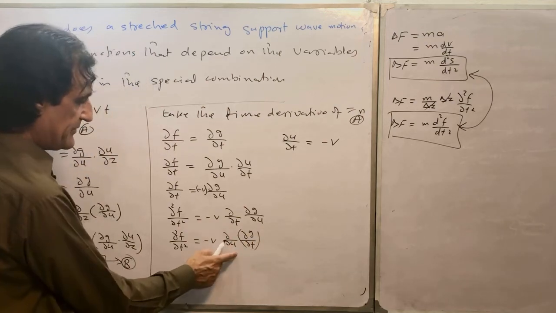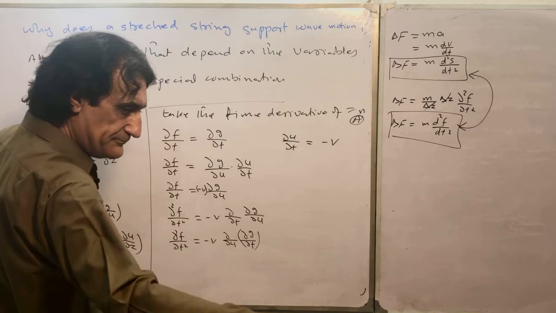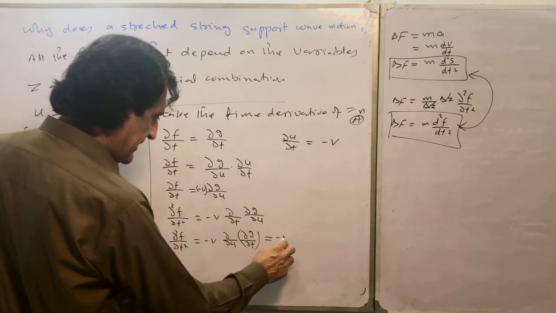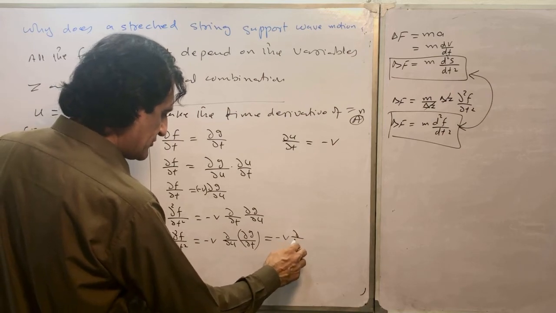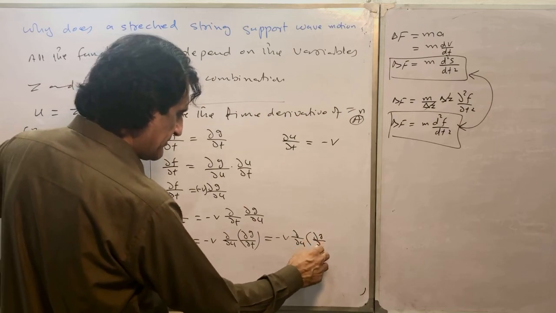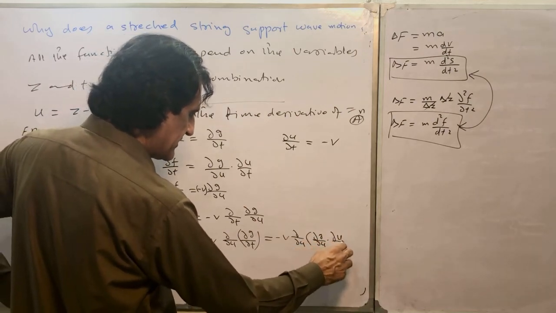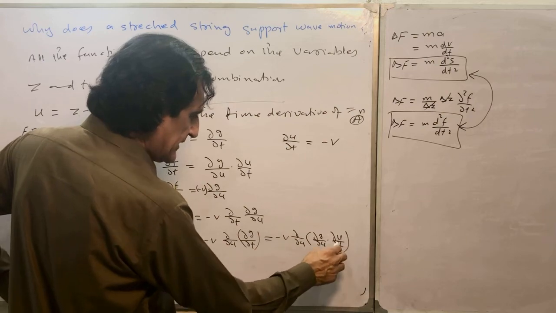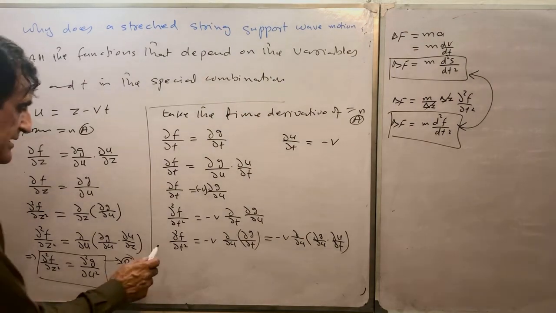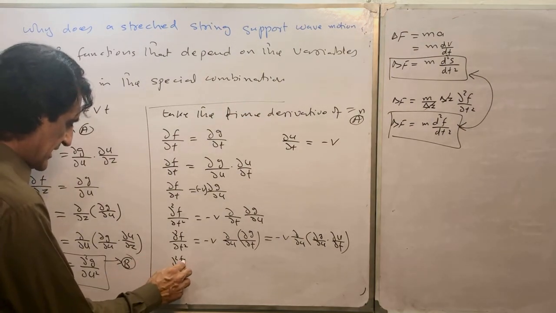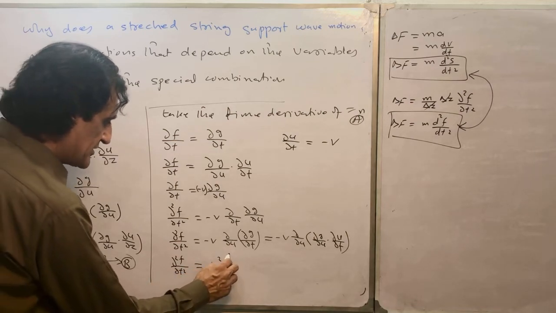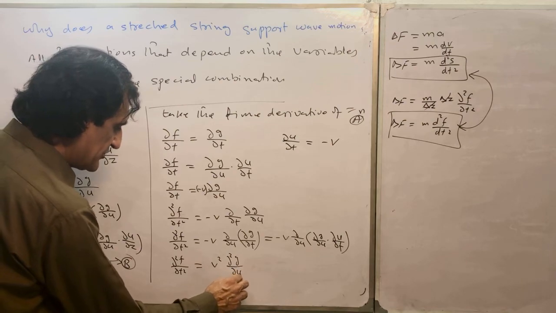And again apply the chain rule, then minus v, partial divided by partial u of partial g divided by partial u, and partial u divided by partial t. Then again we have partial u divided by partial t equal to minus v, which means that partial square f divided by partial t square is equal to v square, partial square g divided by partial u square.